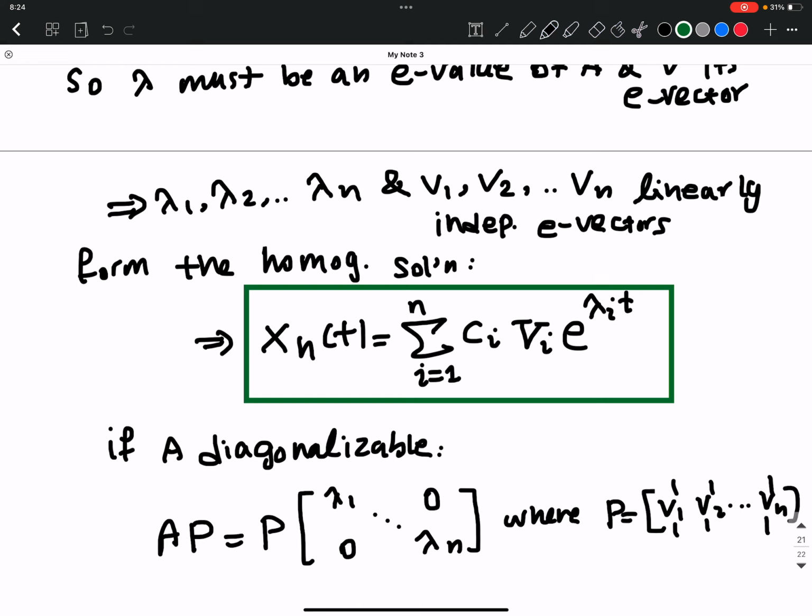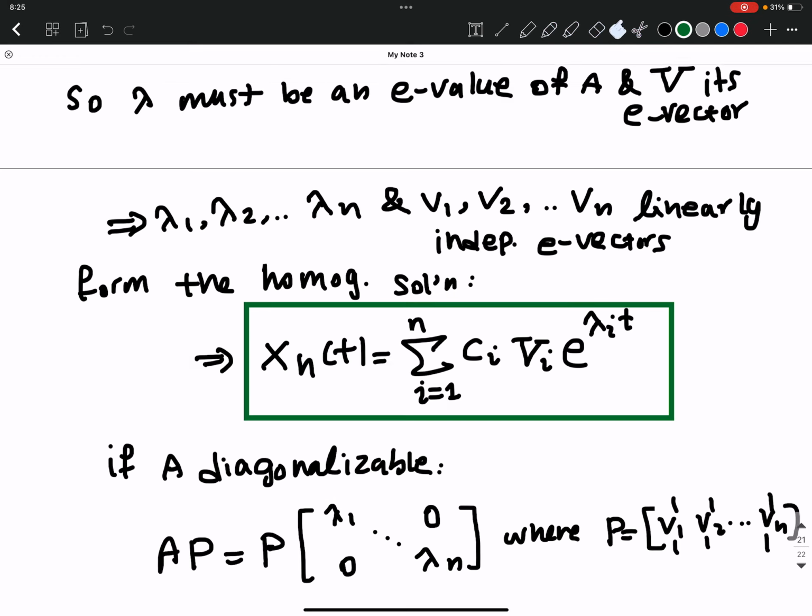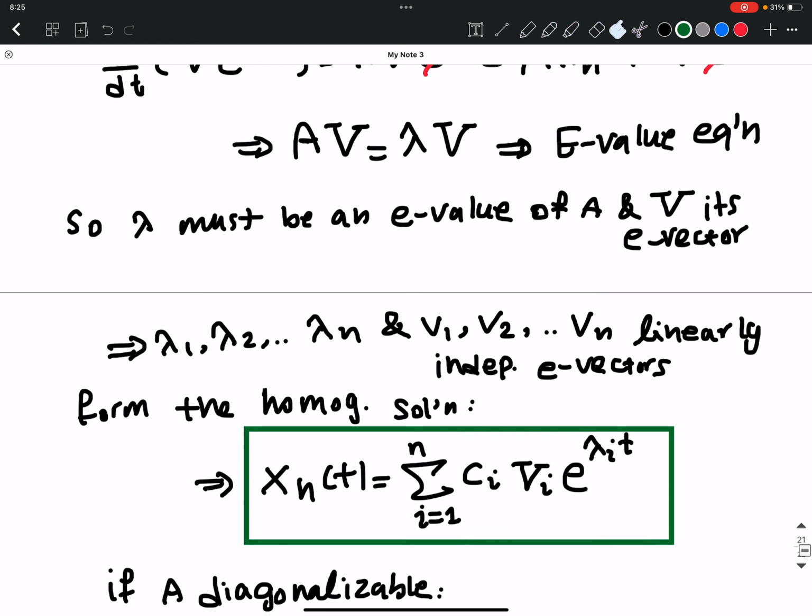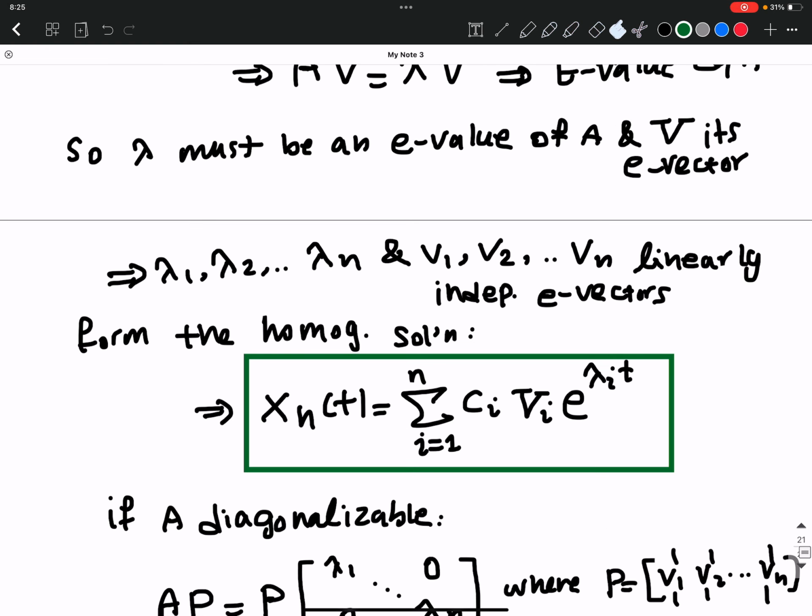Okay? So we have A v equals lambda v for each eigenvector.